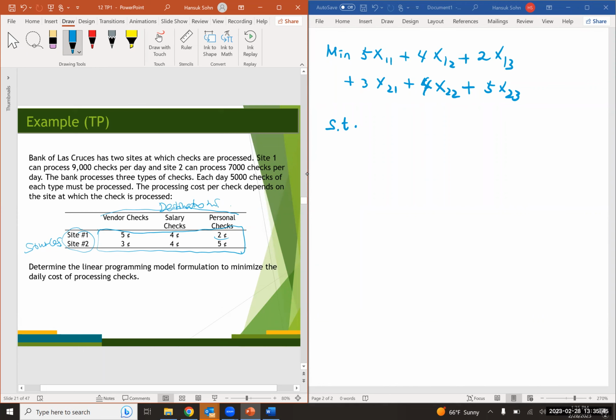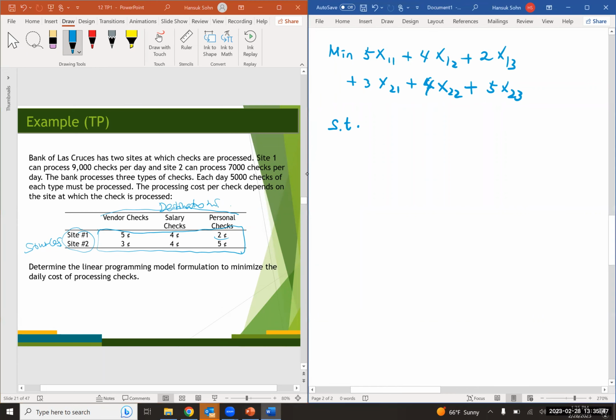So the supply constraint in our case is going to be X11 plus X12 plus X13, right? Has to be less than or equal to how much? It's going to be 9,000, right?